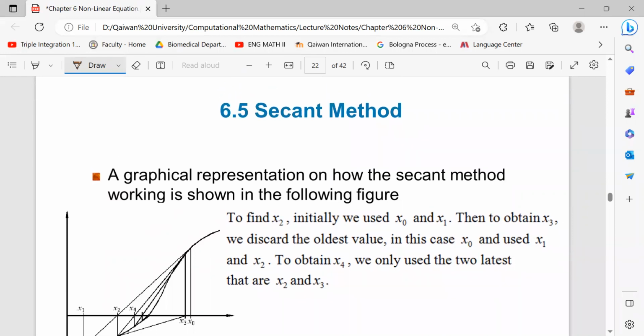The new method, the second method here, is called the secant method. In this method, we work on 2 points. We must have 2 successive points given. Then we find the third one, and then from the last 2 points, you find a new one. Always we do this.